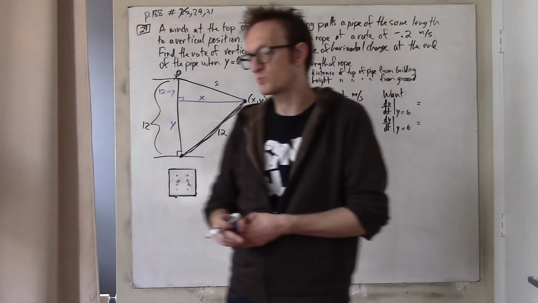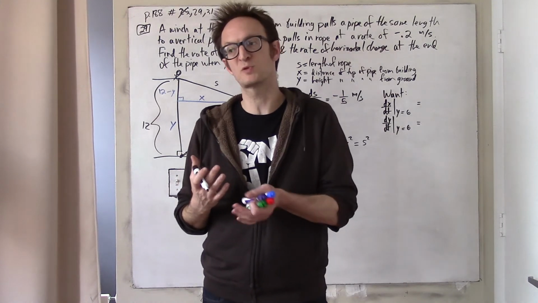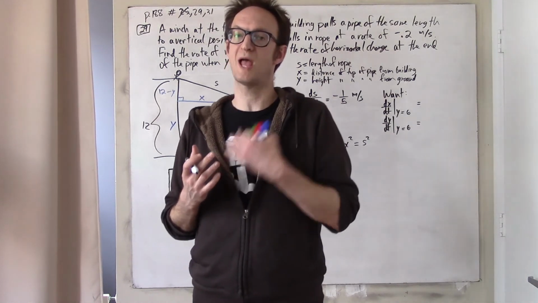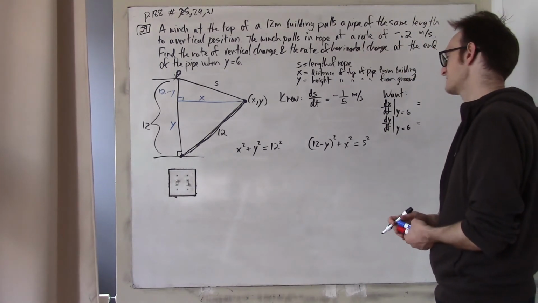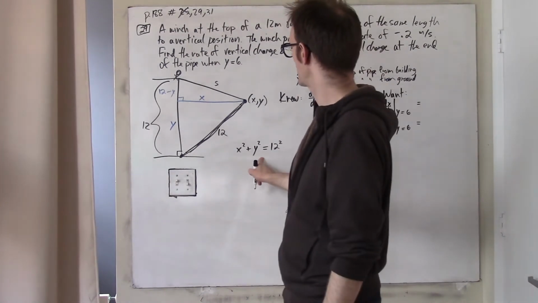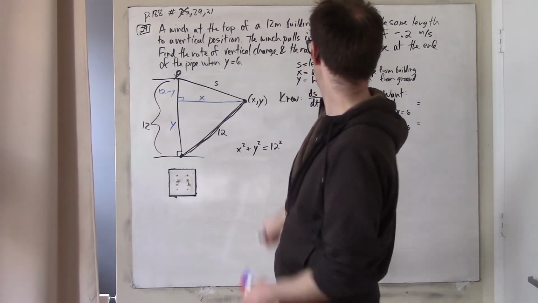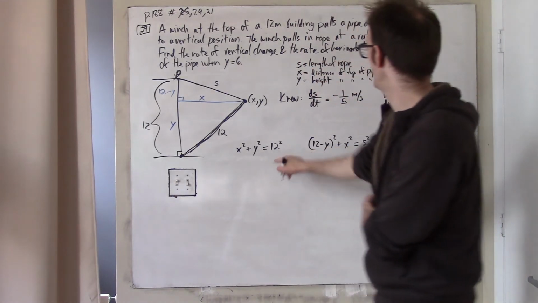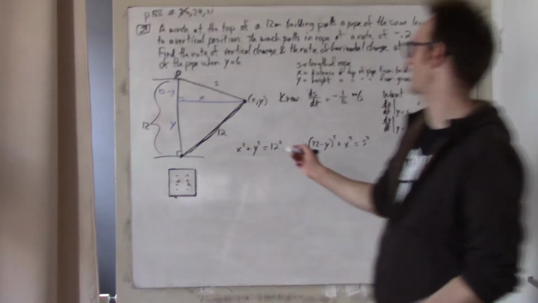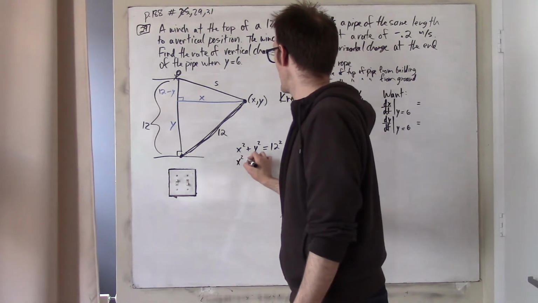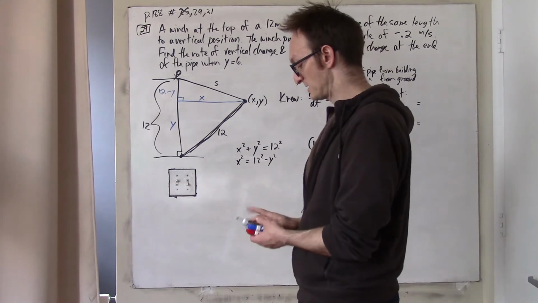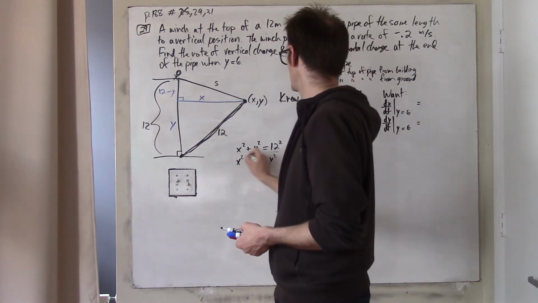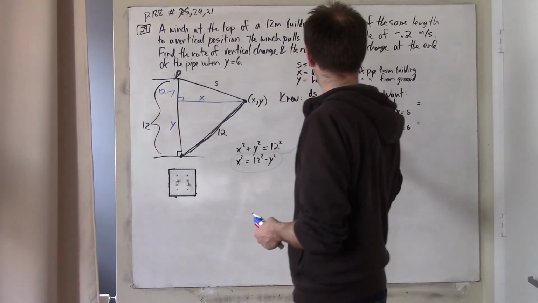So I need to find a relationship between just s and one other variable. And so here, the best thing to do is to combine these 2 equations a little bit, right? Here I have that x squared is just 12 squared minus y squared. And so I'm going to take this expression and stick it in here.